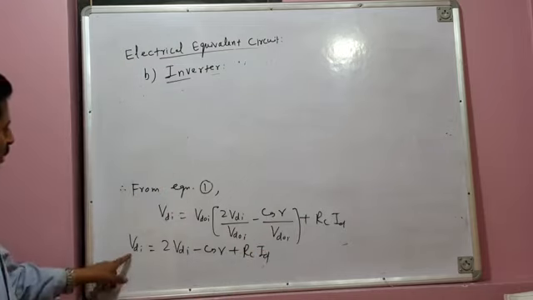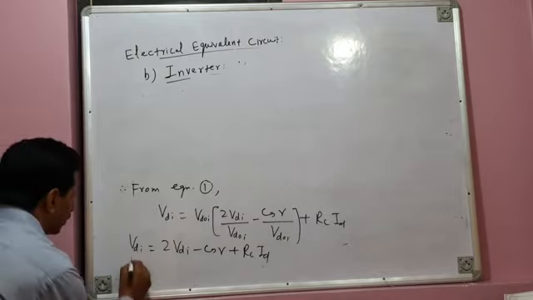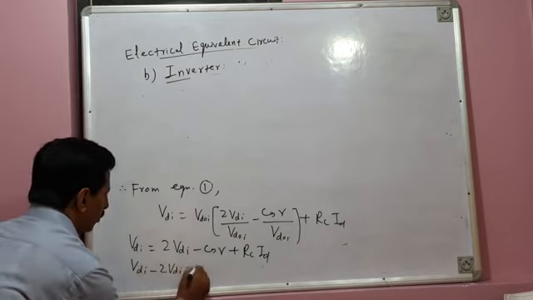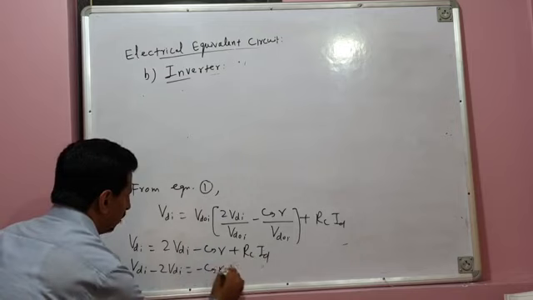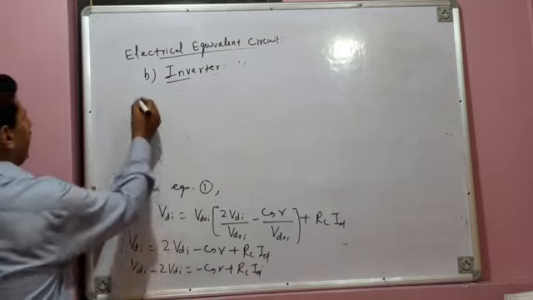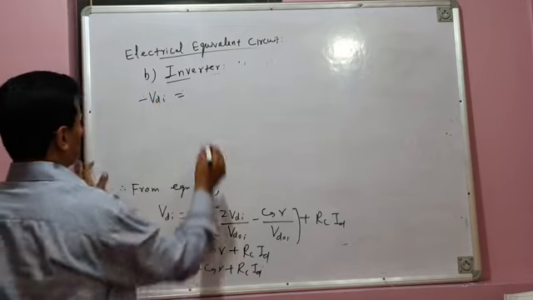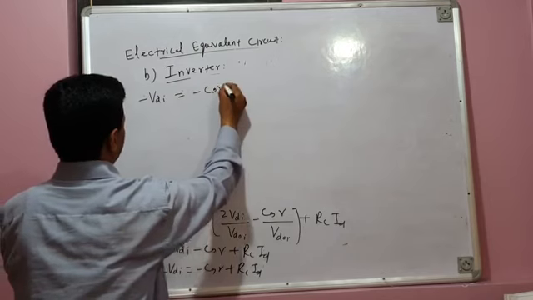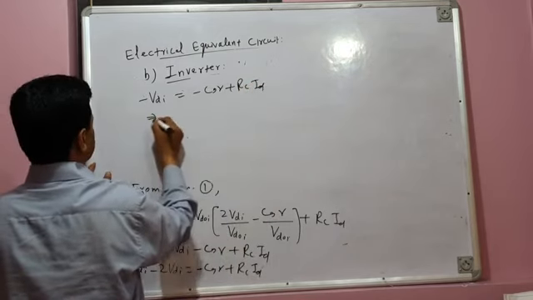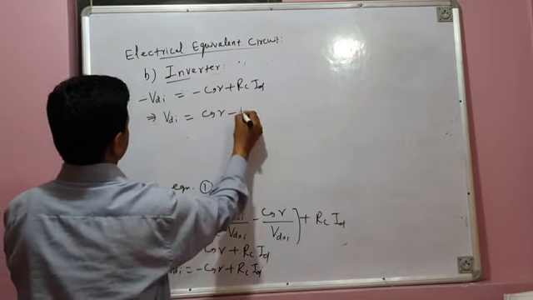So you take this VDI also on this side. So this will be VDI minus 2 VDI is equal to minus VDOI cos gamma plus RCID. What is VDI minus 2 VDI? It is minus VDI itself. So minus VDI, that is the inverter average output voltage, is equal to minus VDOI cos gamma plus RCID. So this means the inverter average output voltage is equal to VDOI cos gamma minus RCID.